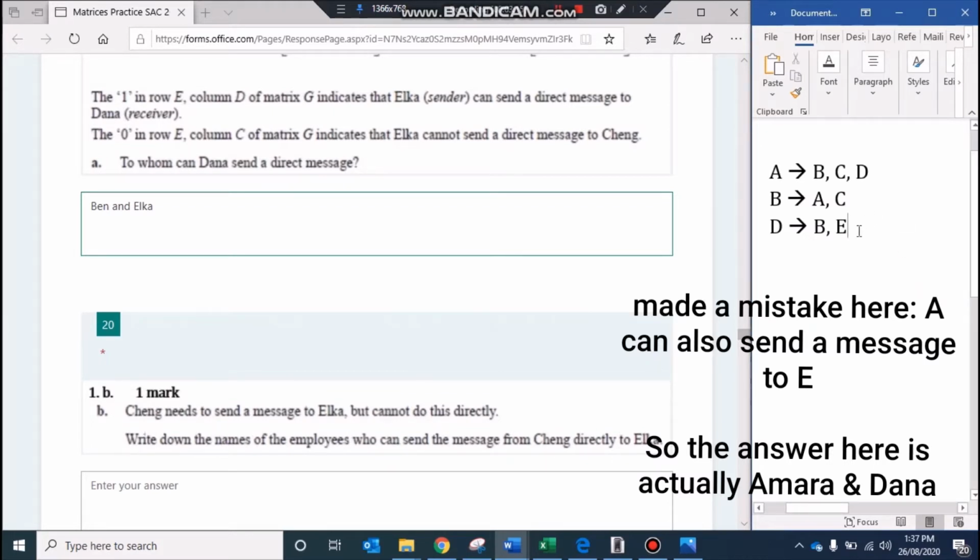So Cheng can send a message to A, B, or D, and the only person who can actually send a message to Alka is D. So our answer would be Dana.